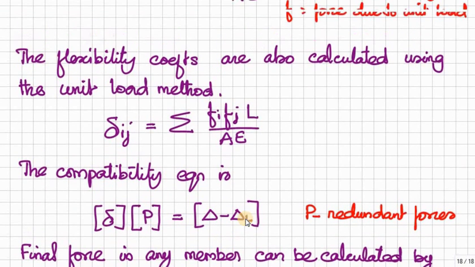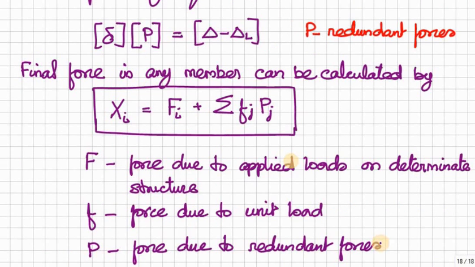So once we have the redundant forces, then we can easily find out the final member force. That can be calculated using the expression: the ith member final force is equal to the force due to external force, capital F, plus the summation of the force contribution from each redundant force, that is fj into Pj.